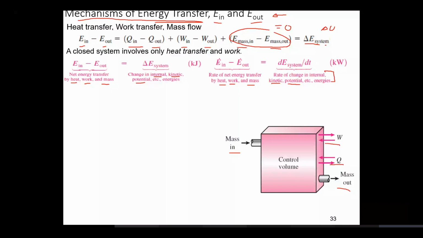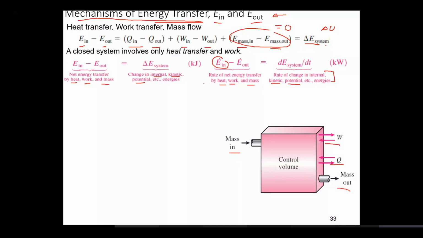So the power that is coming into the system would be expressed as E dot in. At times you have to use this form of the equation, which is essentially the same equation, but expressed with regard to time.